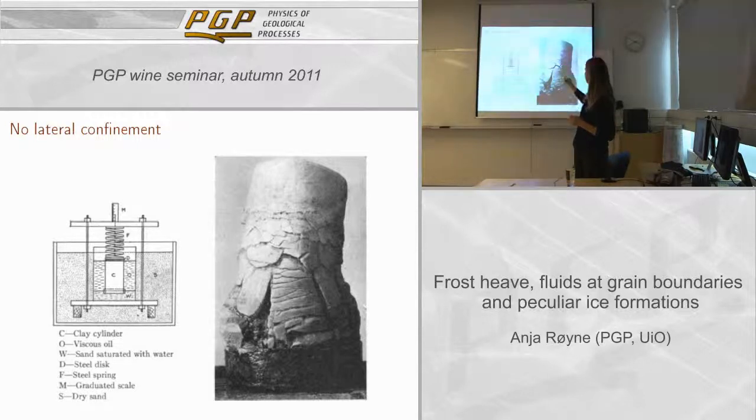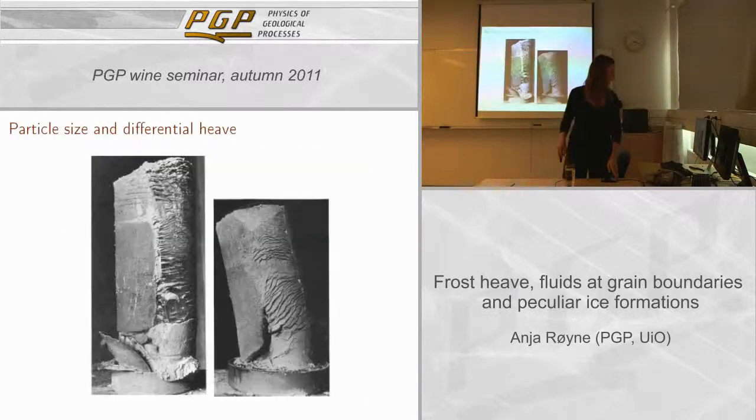You still have these lenses forming and growing mainly upwards, so that's related to the temperature gradient, not where you have the most resistance to growth. And then he looked into the effect of particle size, because that's also something that had been noted: the particle size of a soil or whatever material you have under a road is very important for whether you get frost heave or not.